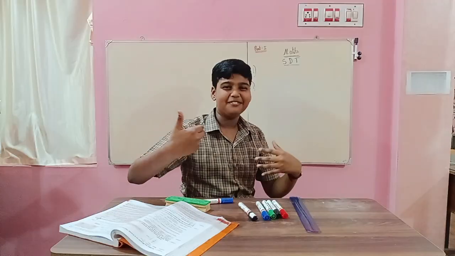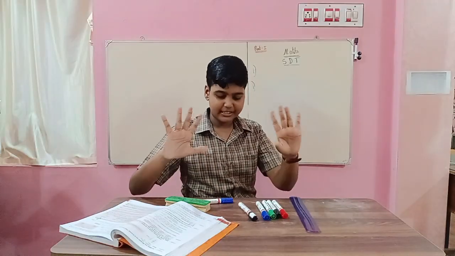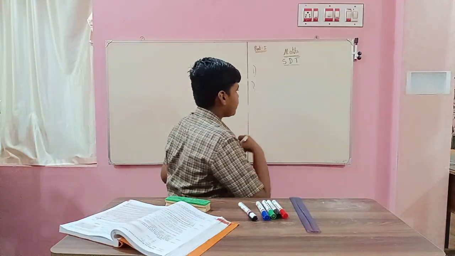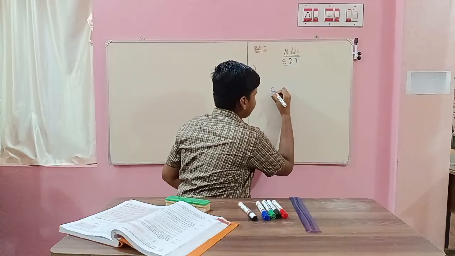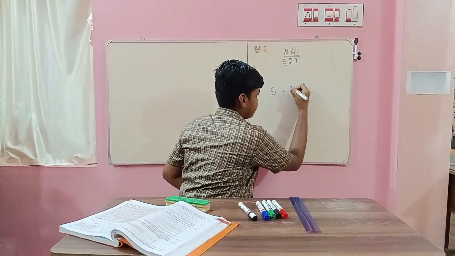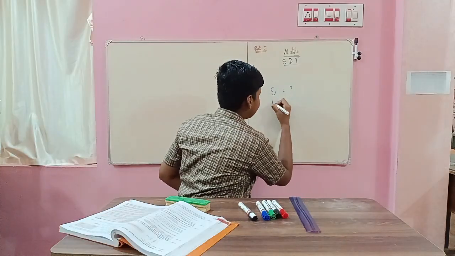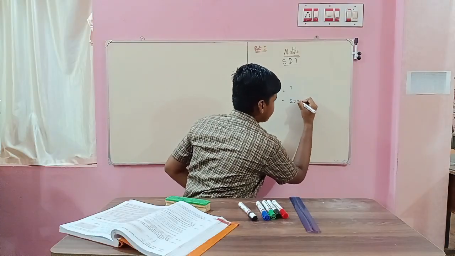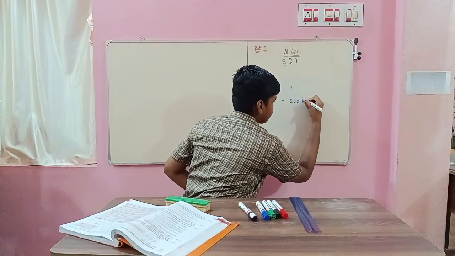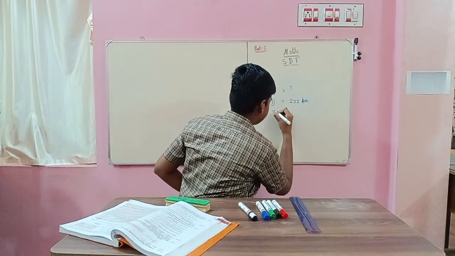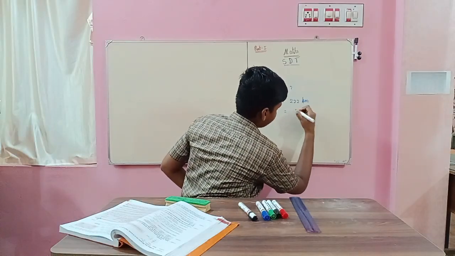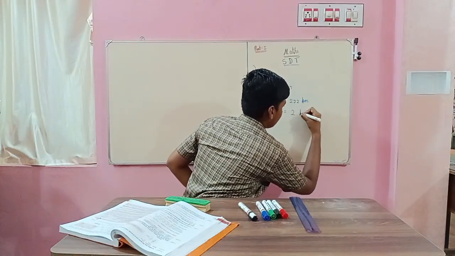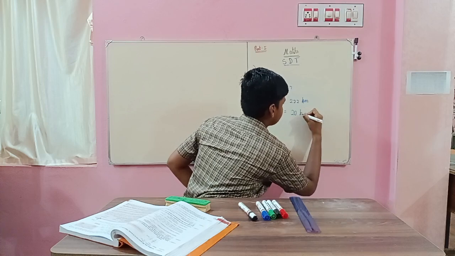Okay, just imagine, it is impossible. Anyway, let's take it. So here the speed is asked, and the distance is 222 kilometers, and the time is 2 hours, or let's take 20 hours.